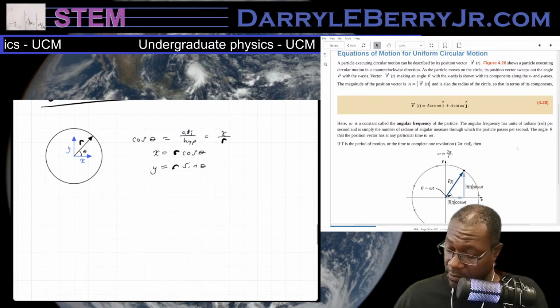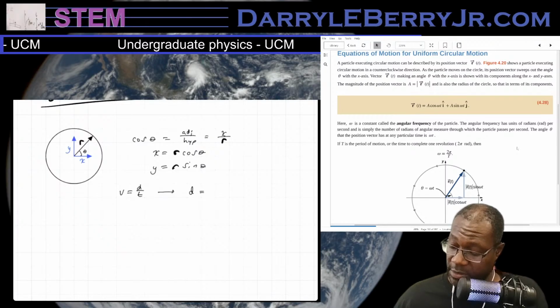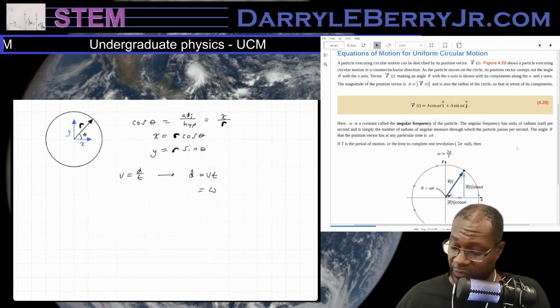And we know velocity is the distance you travel over time. So distance is vt. Here, we're going to angles, so that's the angular velocity times seconds.